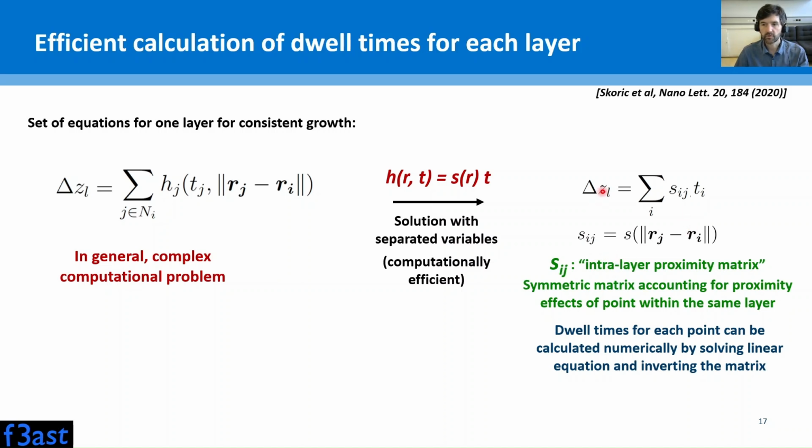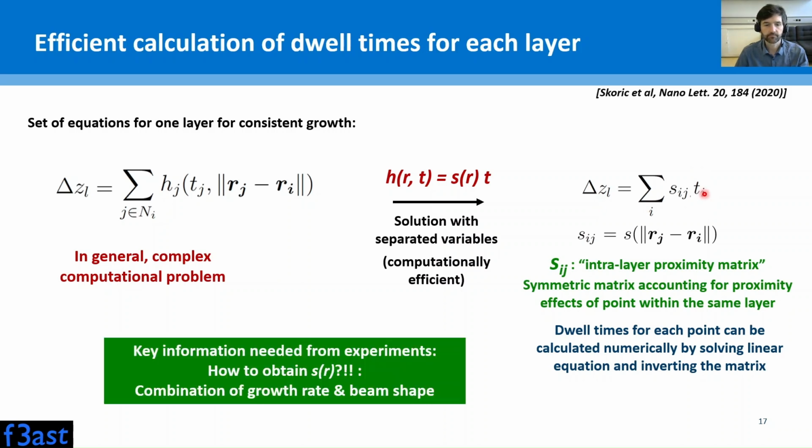And very importantly, because we have this separation of variables, the dwell times for each point can be directly calculated by solving this linear equation. And because we have this linear relationship, we can directly invert the matrix and obtain the dwell times, which is exactly what we need for 3D printing.